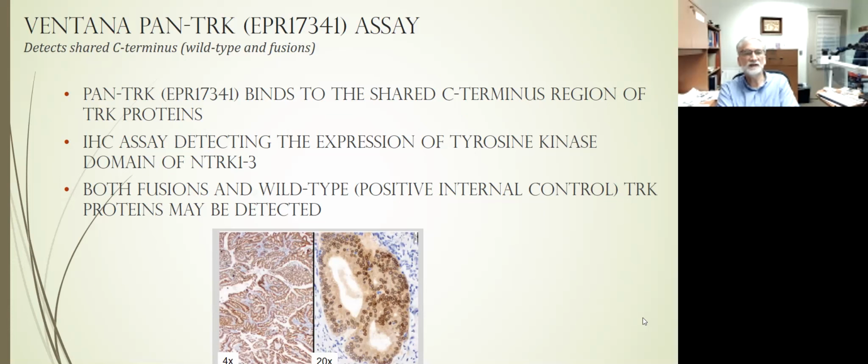So that antibody is EPR17341. It binds to the C-terminal region of the TRK proteins, that's the conserved region, and the detection of it is facilitated with the chromogen, as shown here in brown.